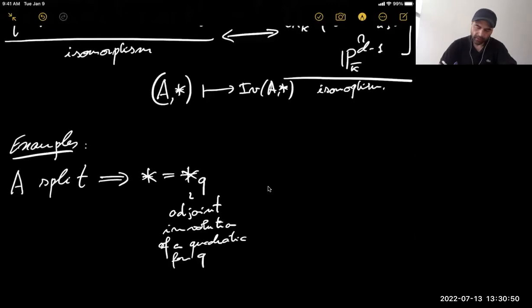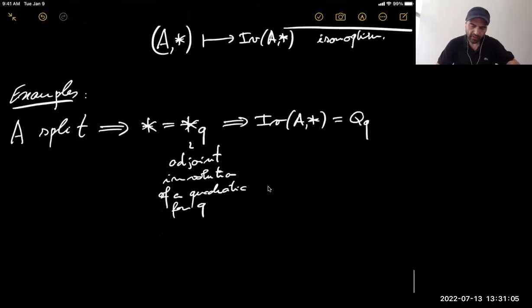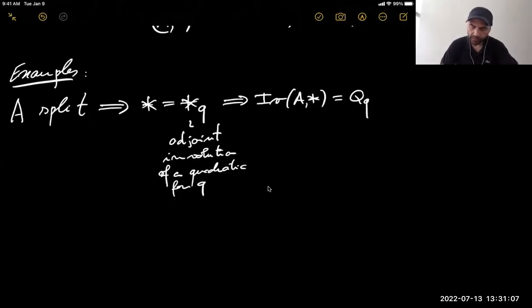Okay, and so this implies that in this particular case, the involution variety is nothing but the quadratic hypersurface associated with this quadratic form. So in this sense, we are generalizing what we have done previously.